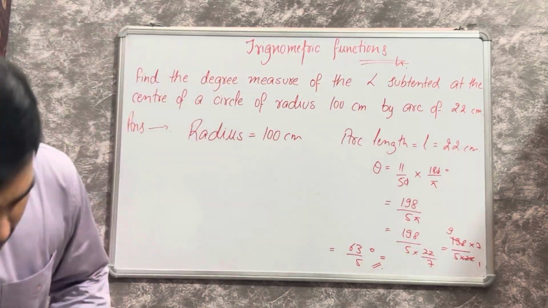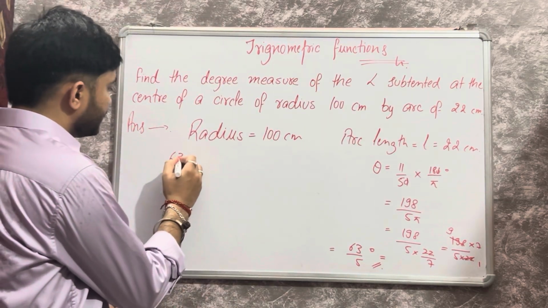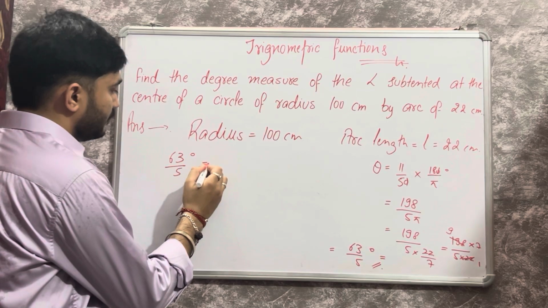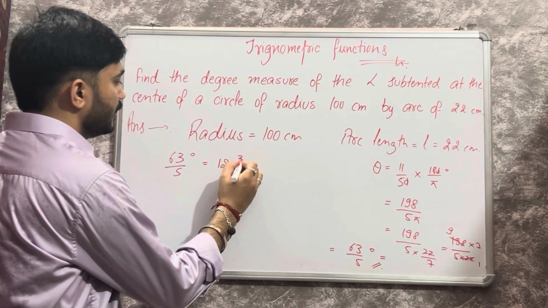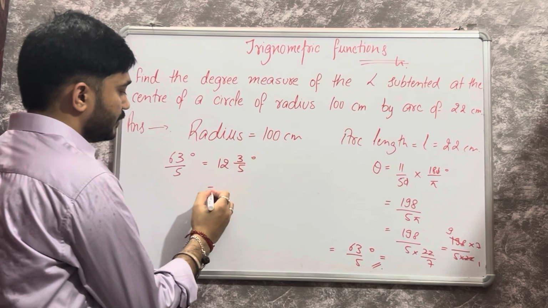Solving this further, we will get 63 by 5 degree. Convert it into a mixed fraction. So then we will get 12 and 3 by 5 degrees.